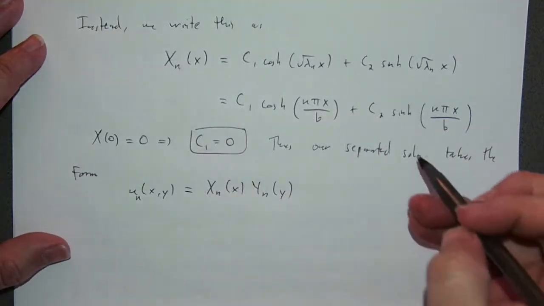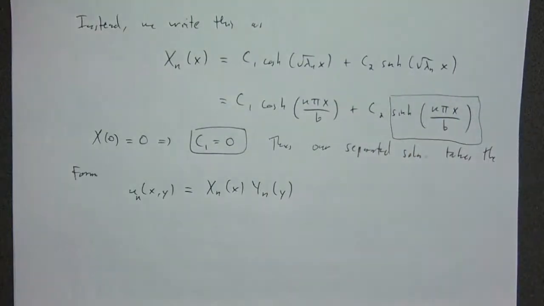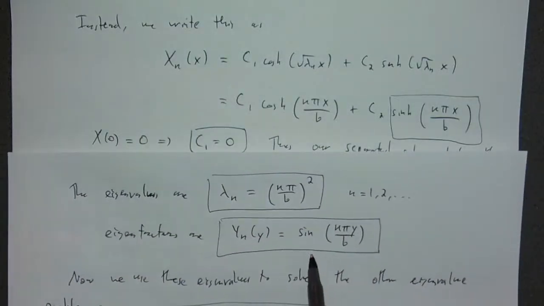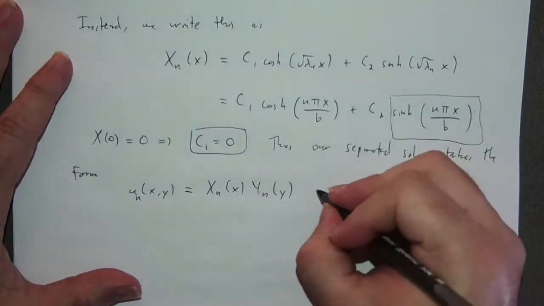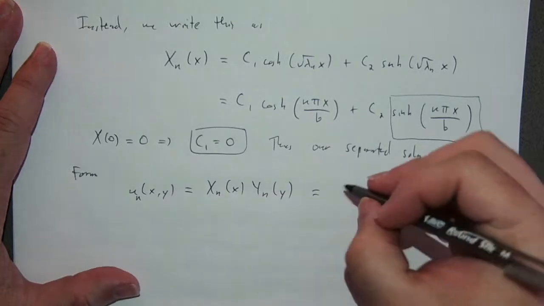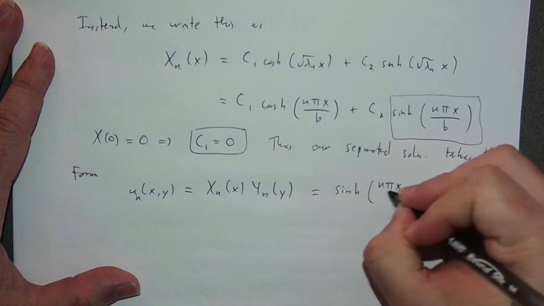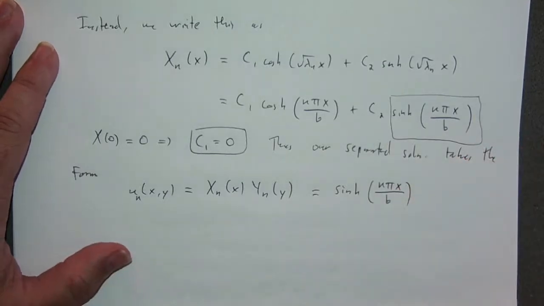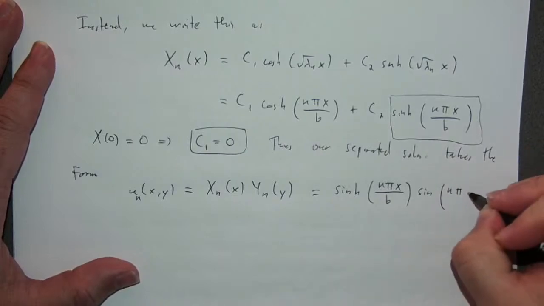But we just found that x sub n is really this sinh term, and y sub n is the sine term. And so our separated solution takes the form sinh of n pi x over b times sine of n pi y over b.